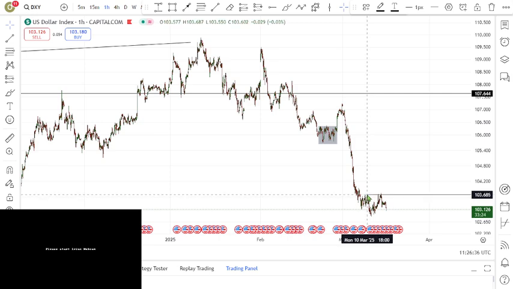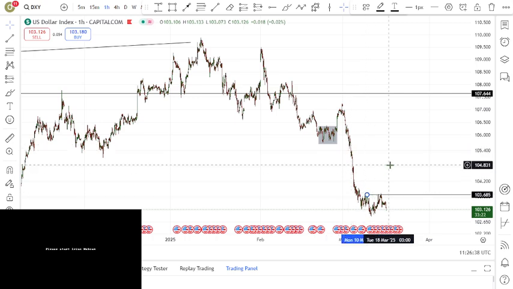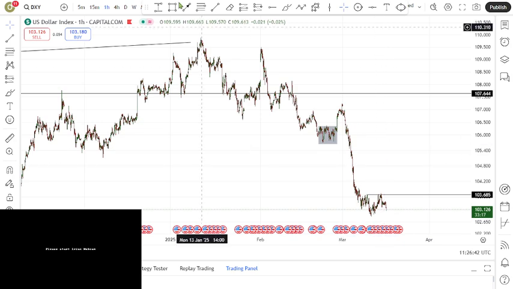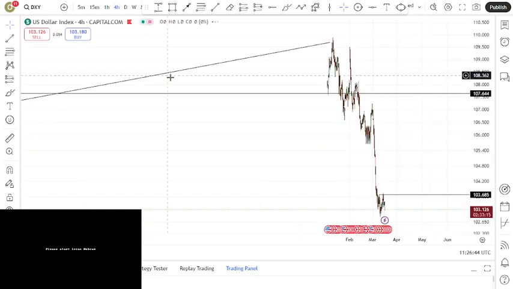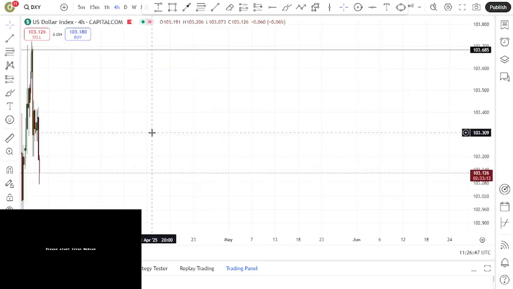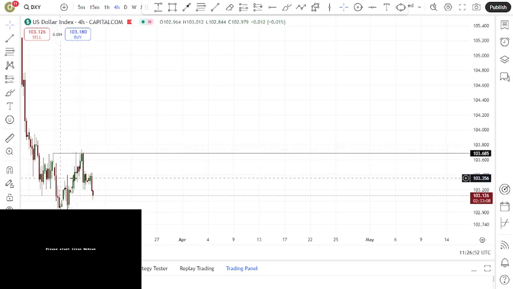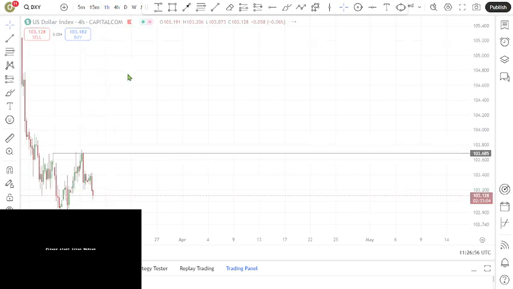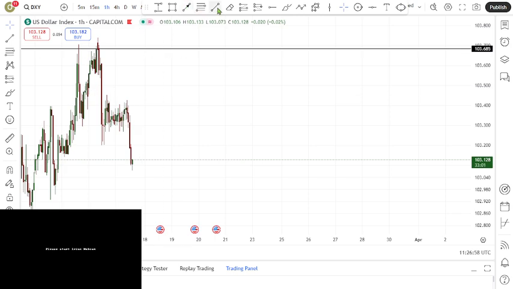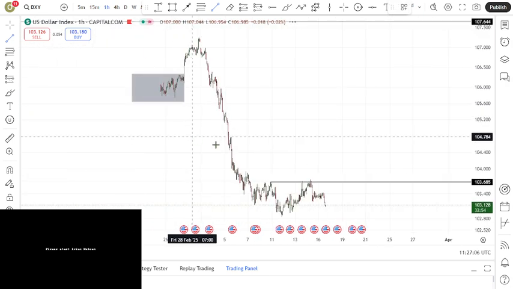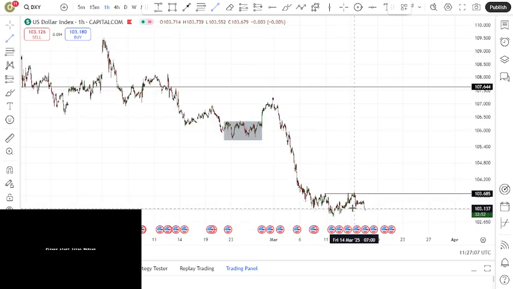Volume was built here. This one can be an insurance entry. So this one is what you can see. This one is an unstructured 1-hour flag.